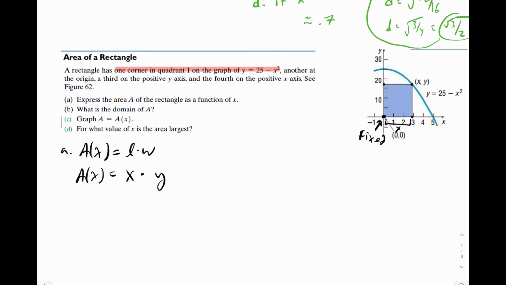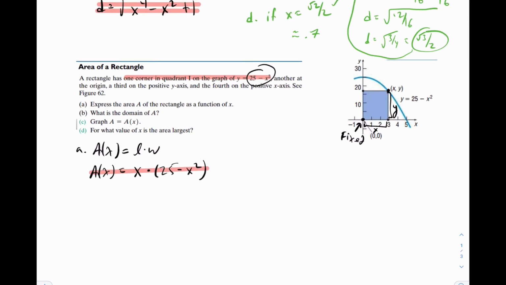Because if the point right here is (x, y), this should be y. Now, we said earlier y is not that helpful, so instead use the formula given right here. That's going to be 25 minus x squared. And right here, there's our formula. So again, think of this as (x, 25 minus x squared).